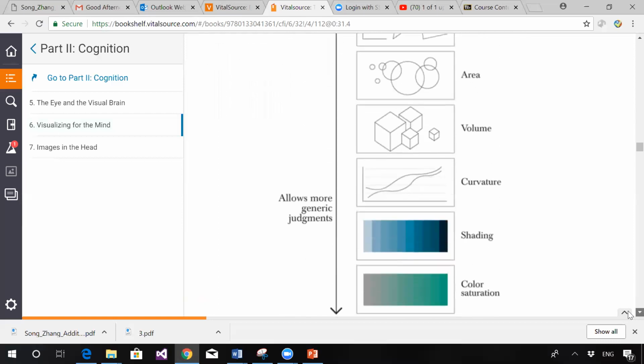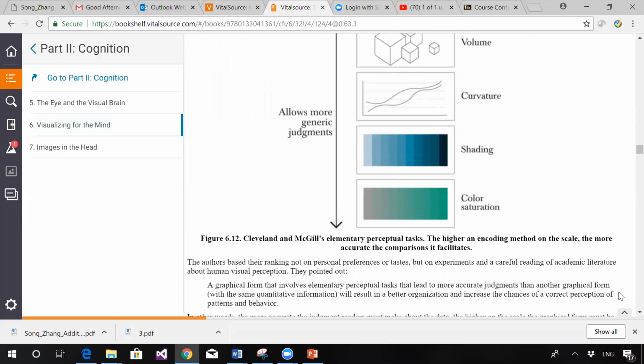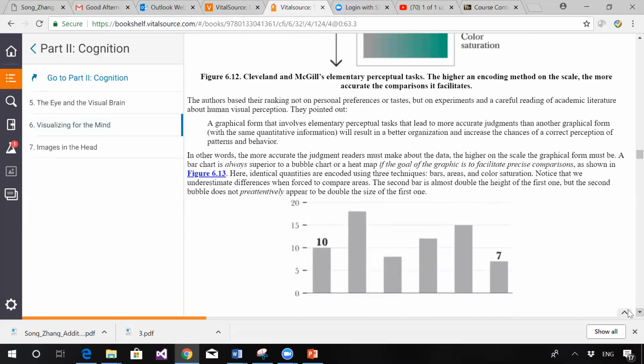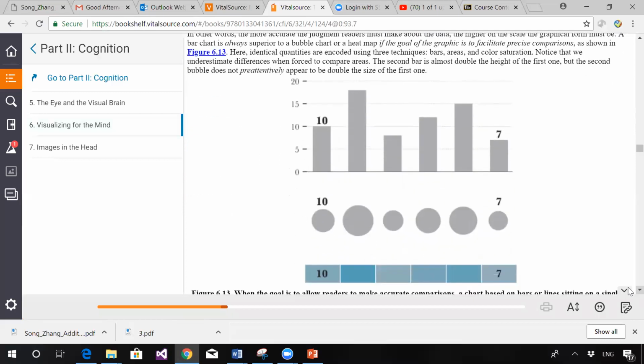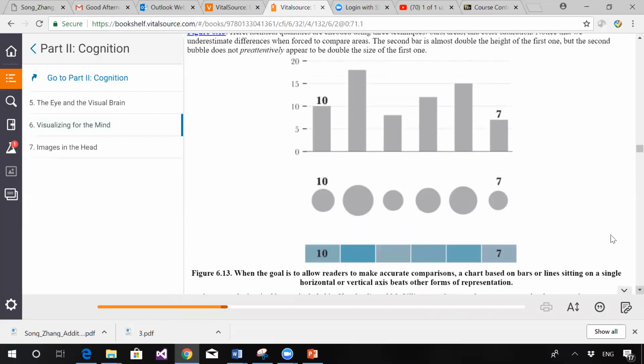There are a lot of examples here, but how do we compare these different methods? You can also use colors to show difference. But the eyes might be more sensitive to some methods and less sensitive to others. Here is one example. If we want to show differences in quantity, like here is 10, here is 18, here is 7, 12, like that, then 10 and 7 are described as numbers, and we use a bar chart to show the difference.